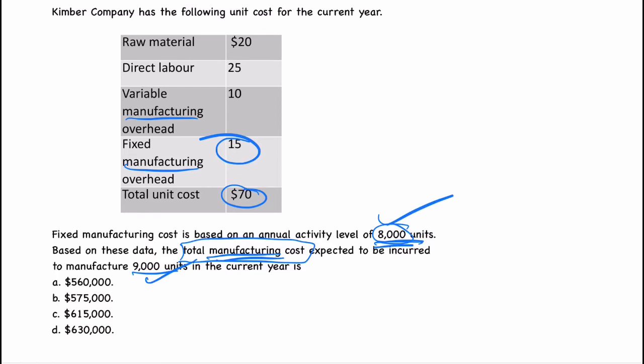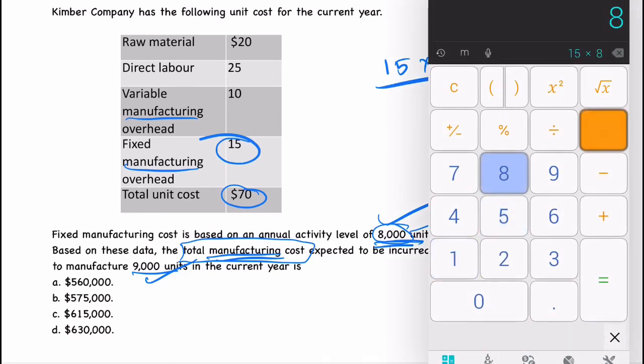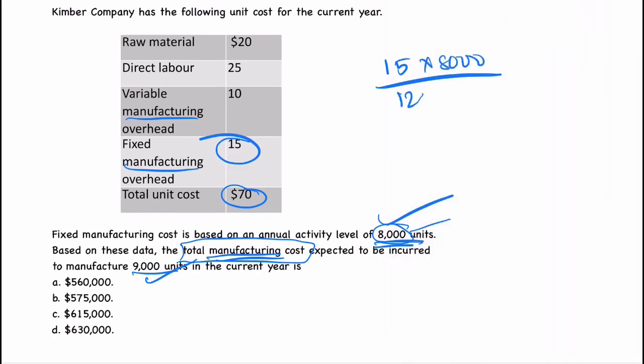So we are going to calculate for 8,000 units, that is 15 into 8,000, which comes to 120,000. This is our fixed cost.